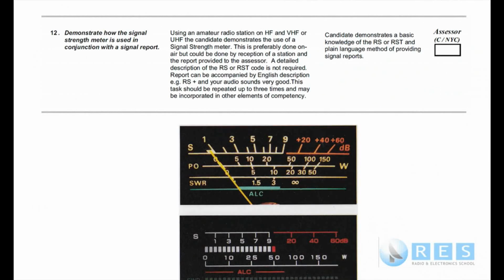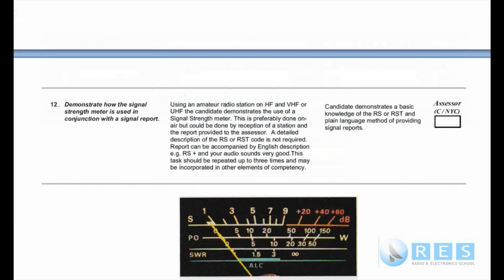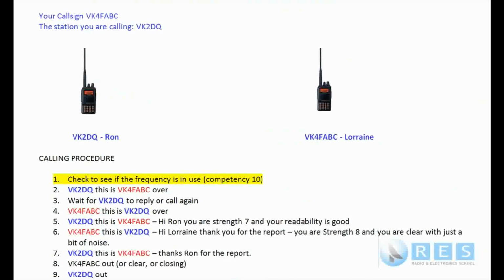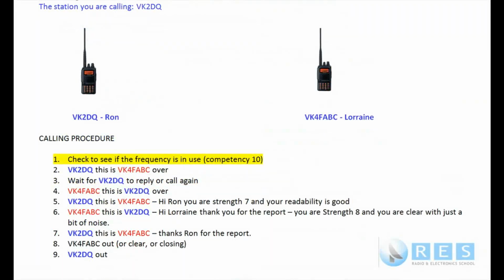We covered a great deal of this competency, number 12, when we did number 11, because in number 11, we actually made a call to another station, and at the same time, we gave them a signal report.